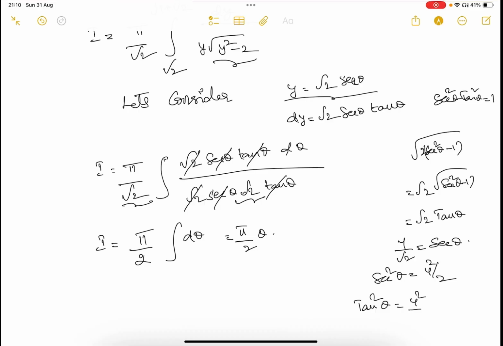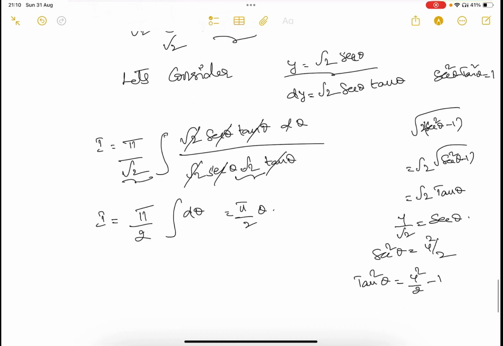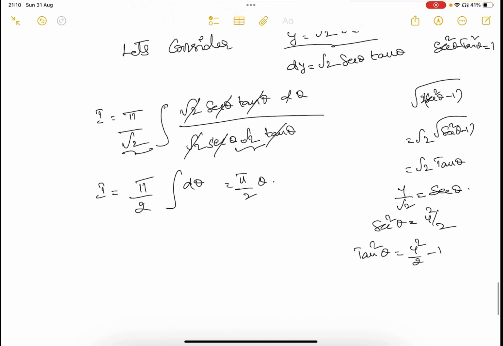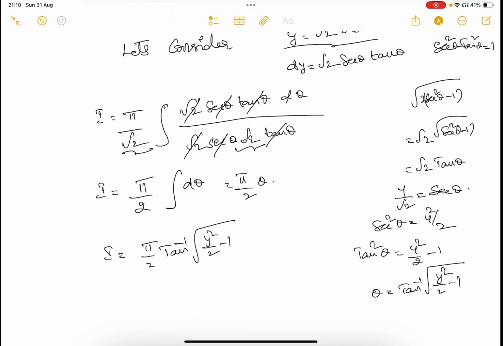This will be y square by 2 minus 1. Fine. Then theta is tan inverse of root of y square by 2 minus 1. So I is pi by 2 into tan inverse of root of y square by 2 minus 1.